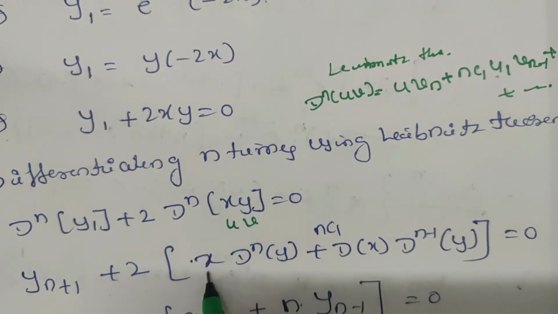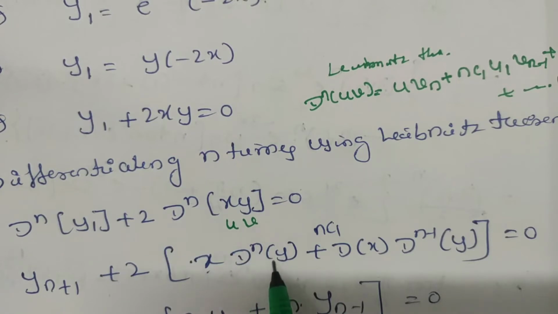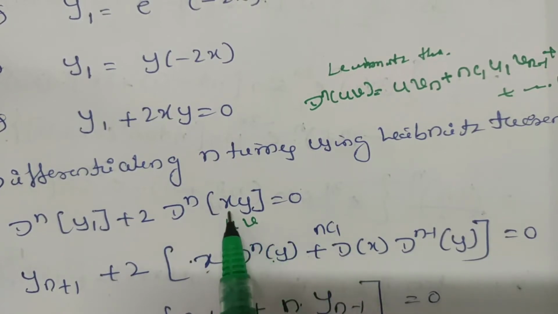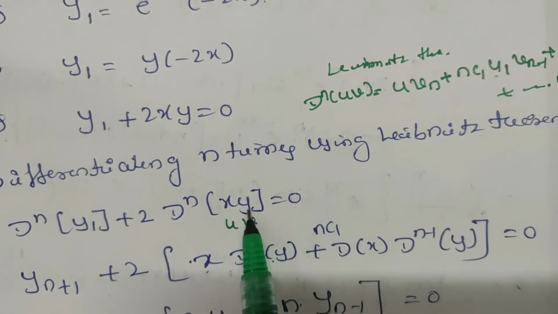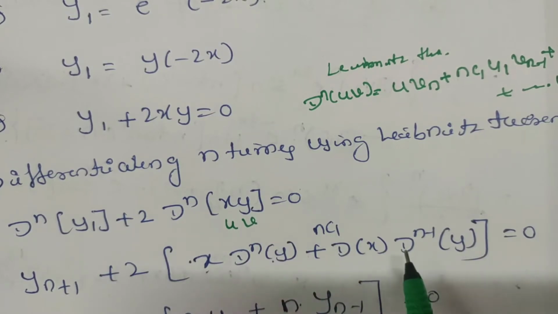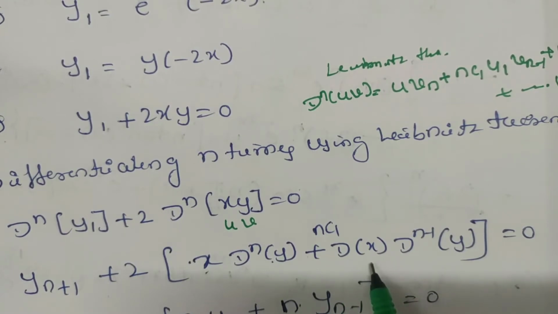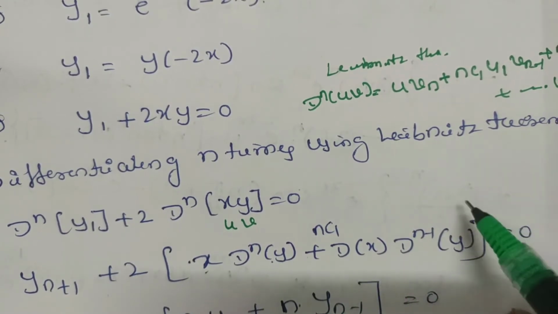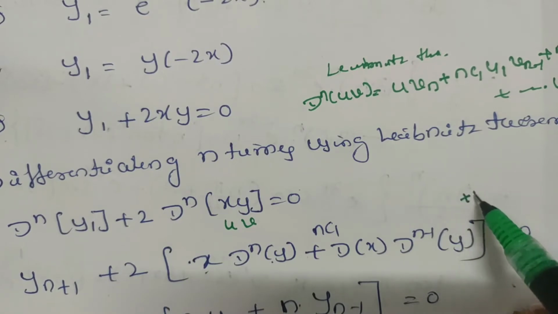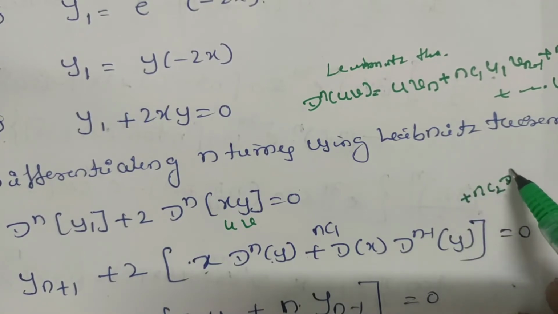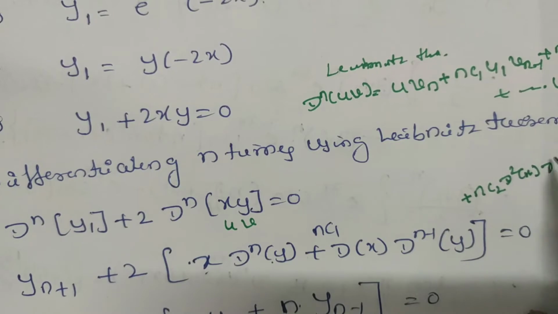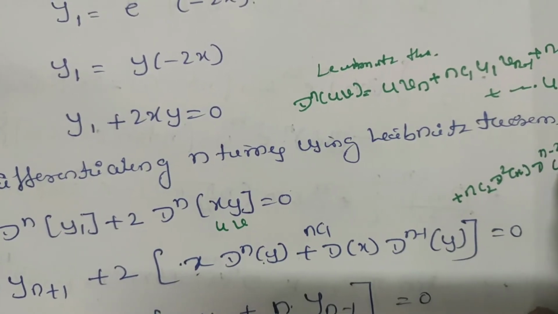That is x as it is, nth derivative of y, plus nc1 derivative of x and n minus 1th derivative of y. And if you write one more term, it will be nc2 second derivative of x and n minus second derivative of y.